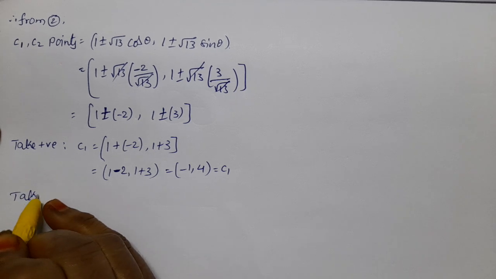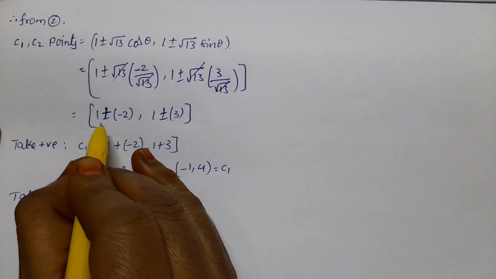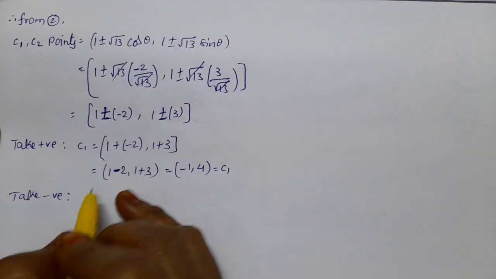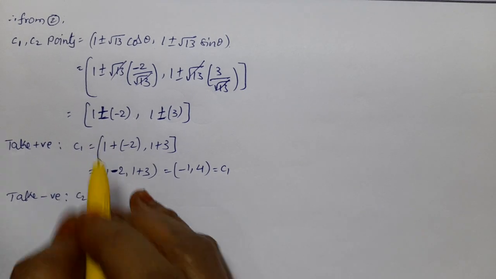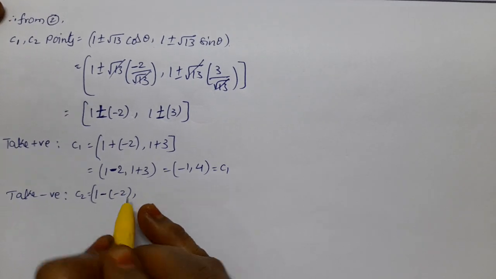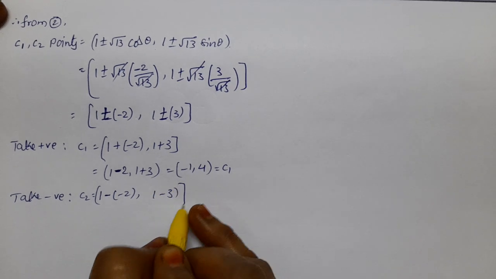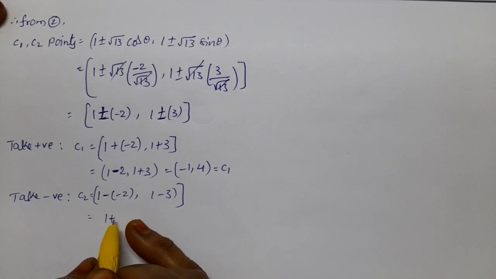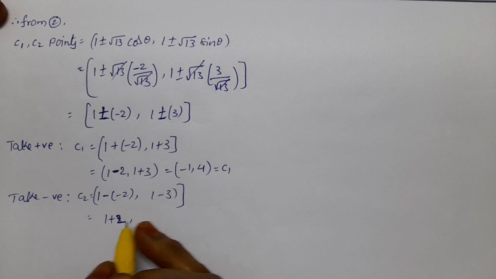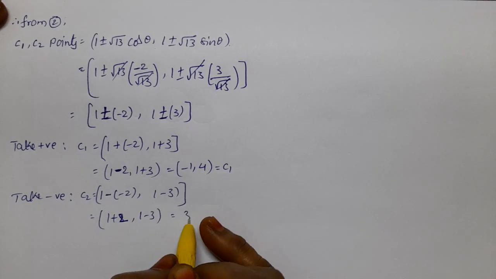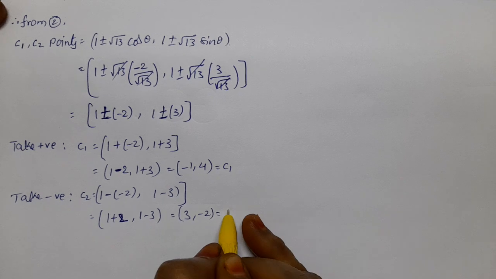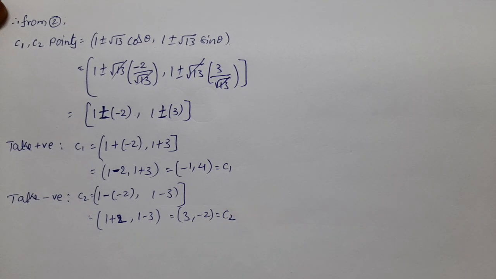Take negative for the second center: 1 minus of minus 2, 1 minus 3. Minus into minus is plus, so 1 plus 2, 1 minus 3, which is (3, minus 2). This can be taken as C2.